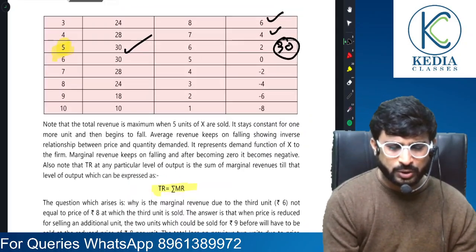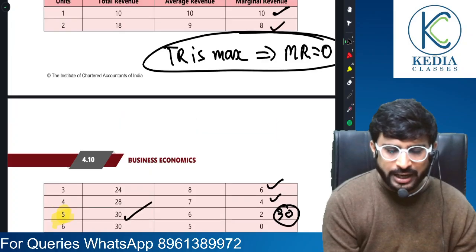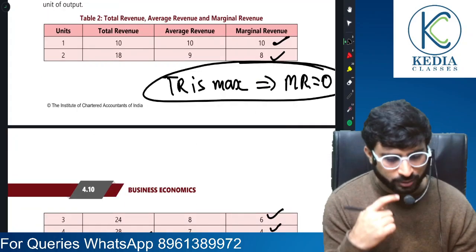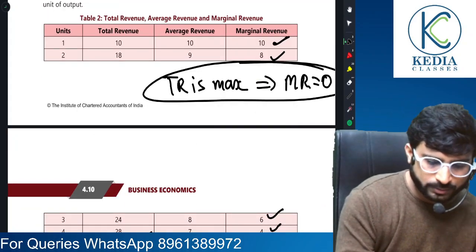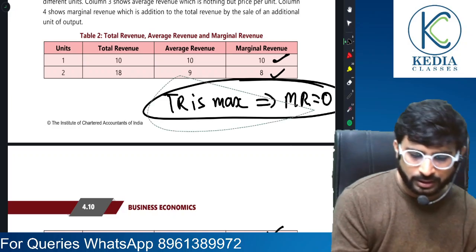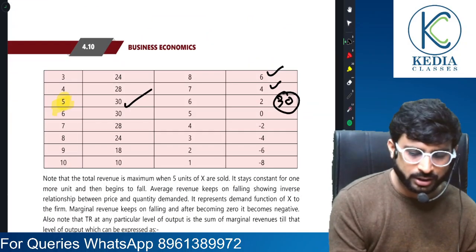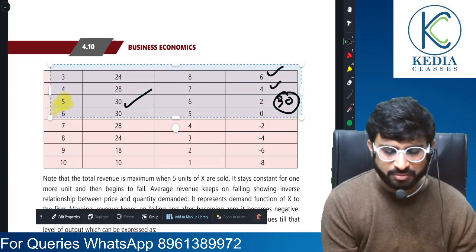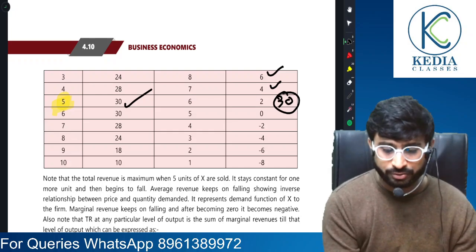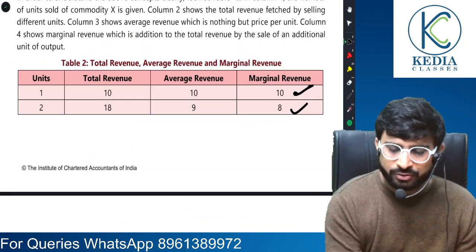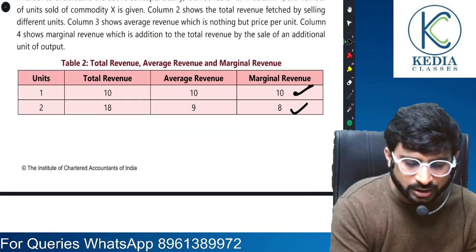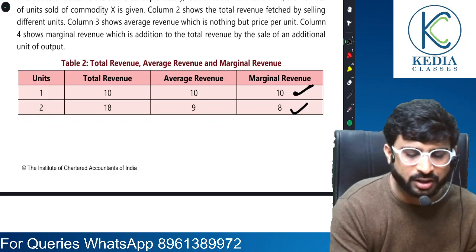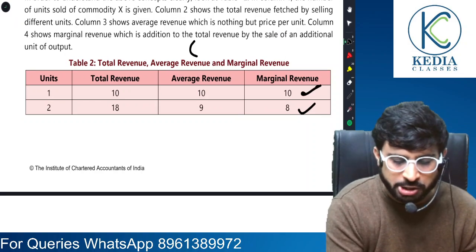Now let's take a question and have a discussion on the same. Suppose, let me highlight it for you. Just give me a moment and let's analyze this graph. Remember, this table is for imperfect competition, that is for monopoly and monopolistic competition.